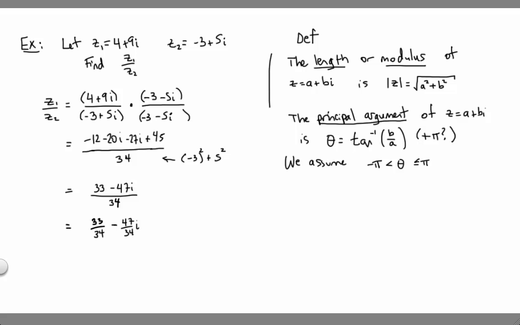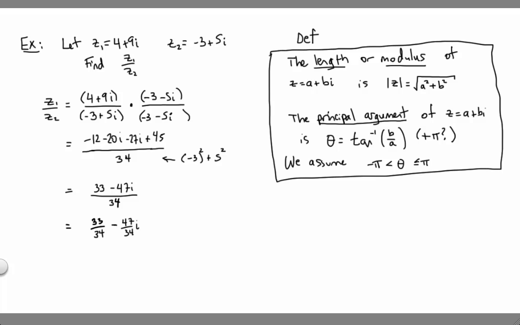Okay, so that's the definition behind length and angles associated with complex numbers, and I think this will become more clear if we just draw a picture. So let's say, for example, we've got the complex number z equal -1 plus 2i. So we can visualize this complex number in the following way.